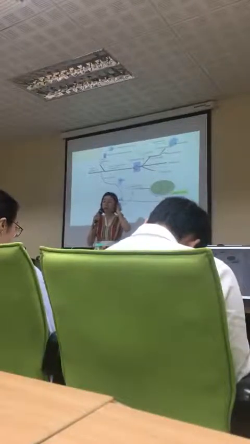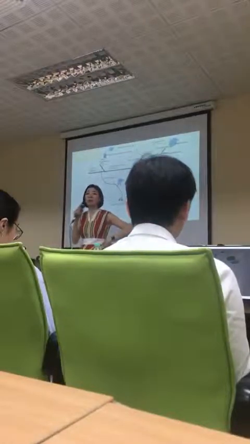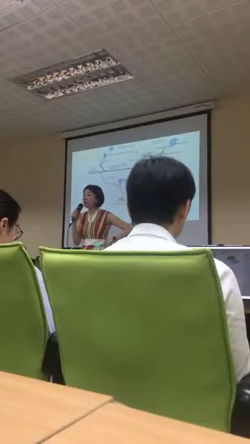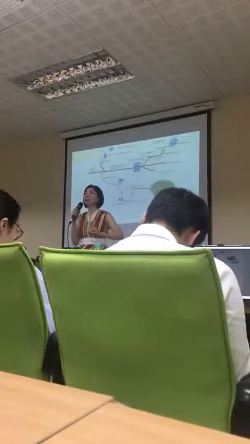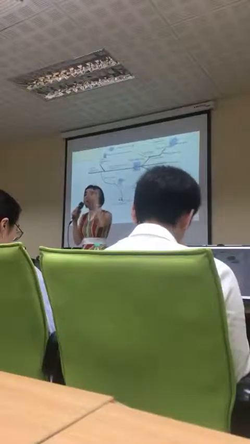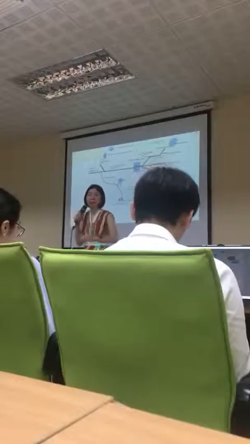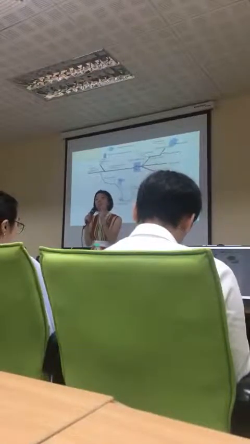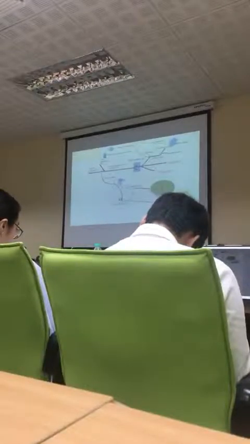The palatine gland produces mucus only, and the parotid produces serous only, and the submandibular and sublingual are mixed. They produce both mucus and serous, but usually the sublingual has more mucus.